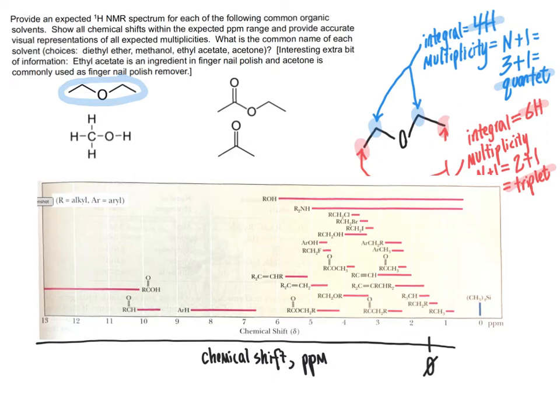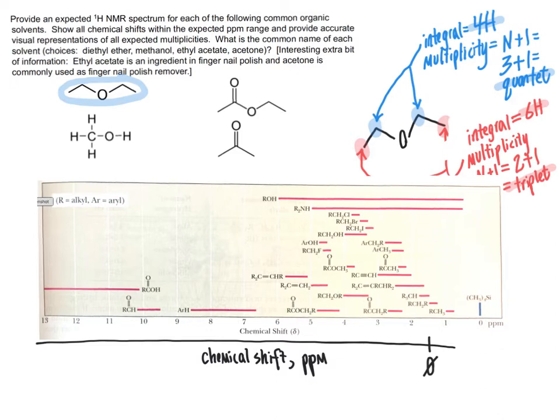So looking along our chart for the closest thing we can find to an ether, what I see right here is CH2OR, where remember that we're measuring the chemical shift of the protons that are shown explicitly here. So it's a CH2O group. That's the closest thing I can find, and it's a really good match for the ether group that we have here. And so we expect that ether group to show up in the range of about 3.25 to about 4. So I would accept an answer anywhere between 3.25 and 4 as the location of the signal for that ether group.